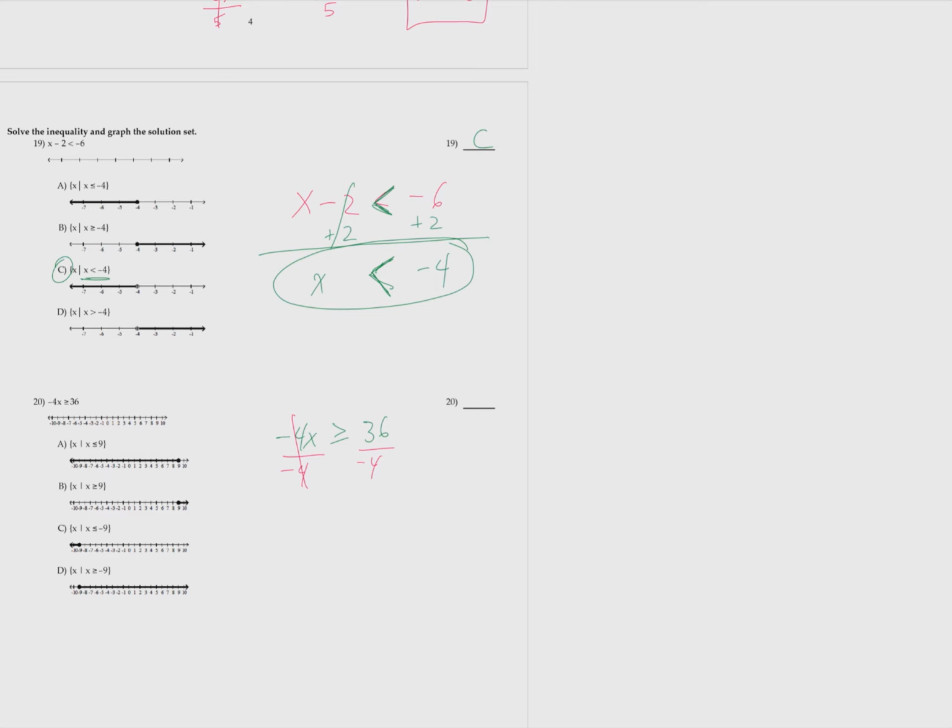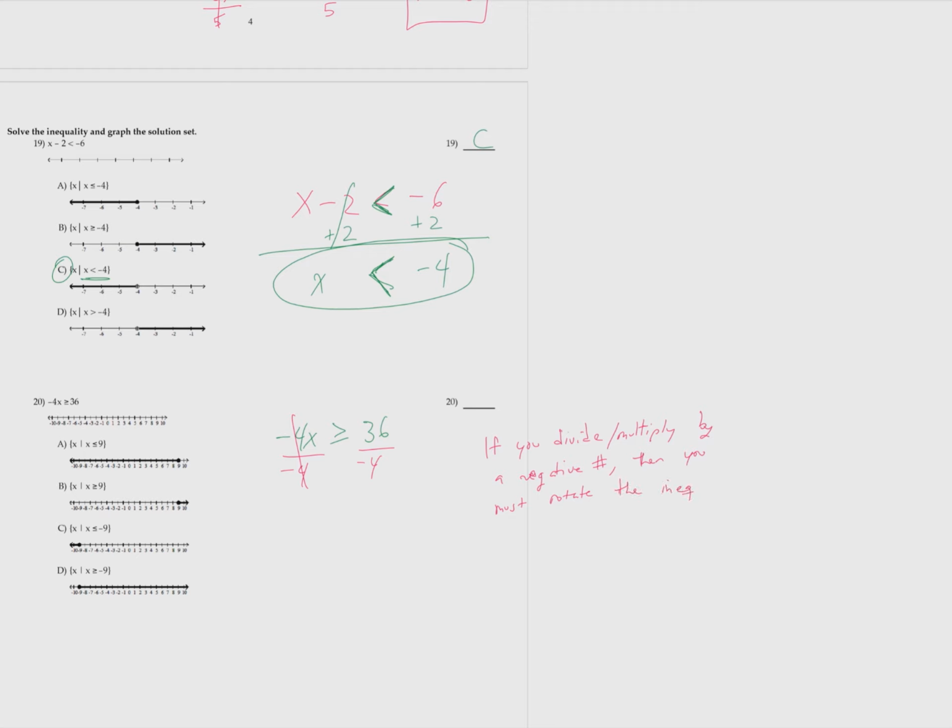If you divide by a negative, or technically multiply by a negative number, then you must rotate the inequality, okay?